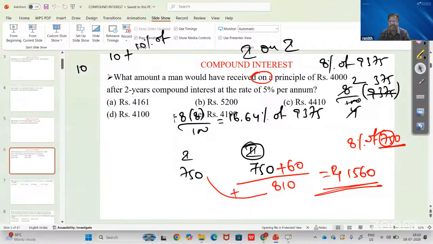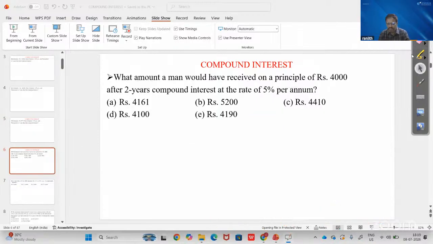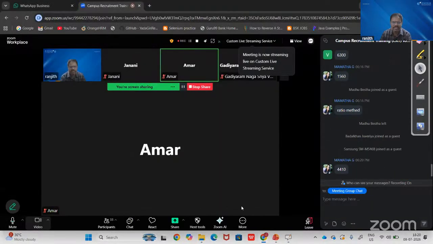So what is the answer here? So the answer is 4410.